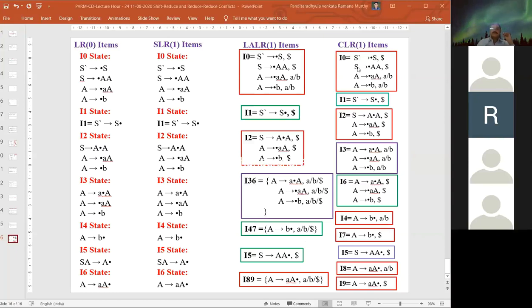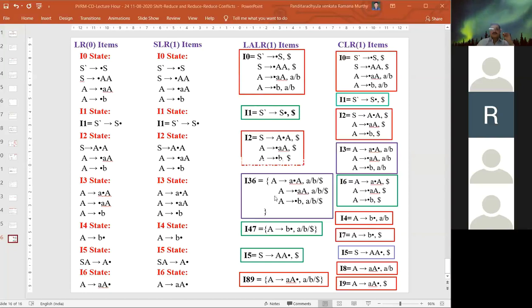For example, in the CLR, I3 and I6 both have the same productions but different additional input symbols. We merged I3 and I6 and call it I36. We added the two sets of symbols for each production. Similarly, I4 and I7 have the same productions but different input symbols, and similarly I8 and I9 are merged.